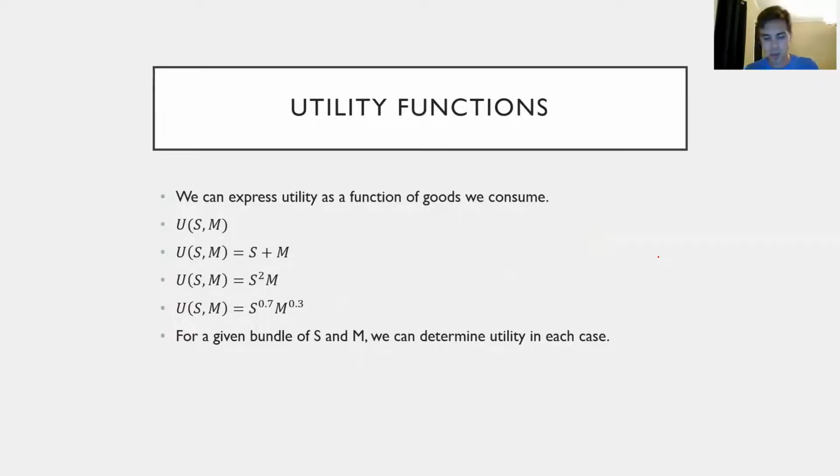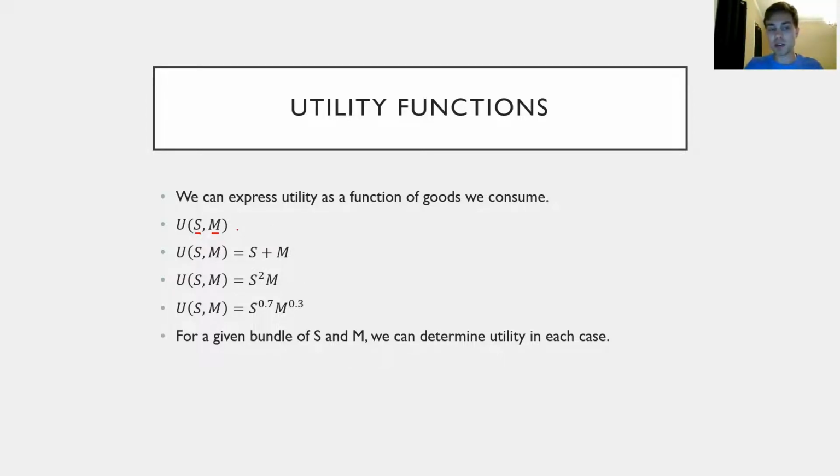And so one thing we can do with utility is express utility as a function of the goods we consume, right? And so this is putting math to words, essentially. And so I'm going to think about a utility function for some consumer who only gets utility from consuming Skittles and M&Ms. So I think this person must be a 3-year-old or something.